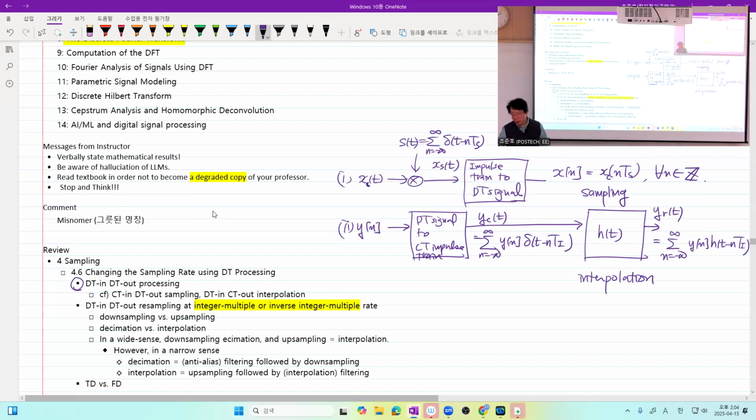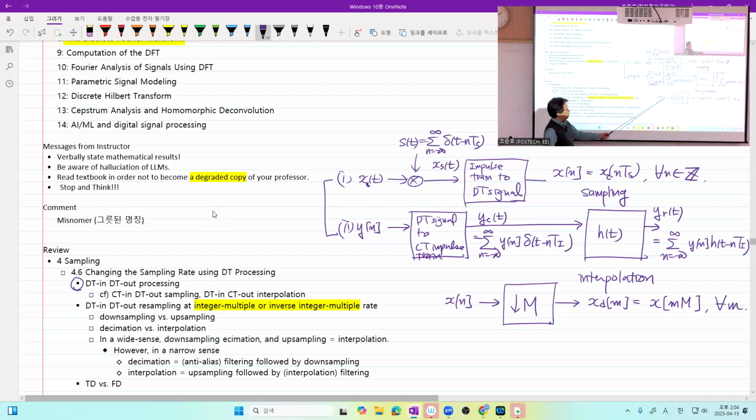However, people didn't do it. That's the confusing part. So here you have a discrete time signal and you downsample by M. What does that mean? Here you have x_d[m], which is simply x evaluated at capital M times m.